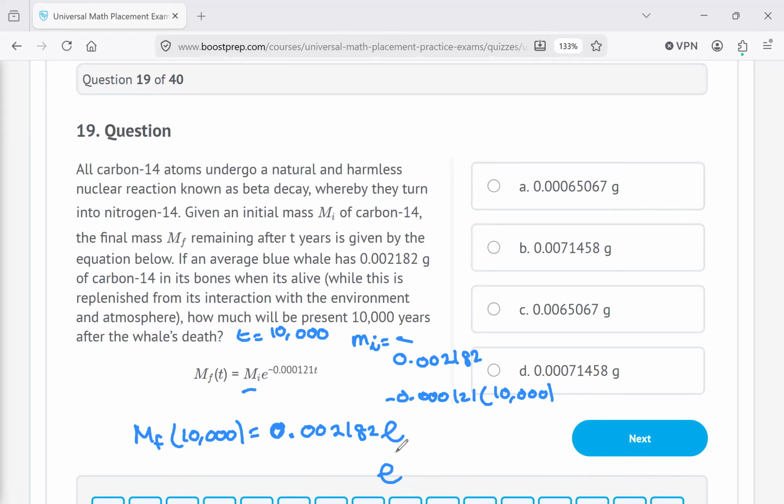That is going to be negative 1.21, and then you have this 0.02182.